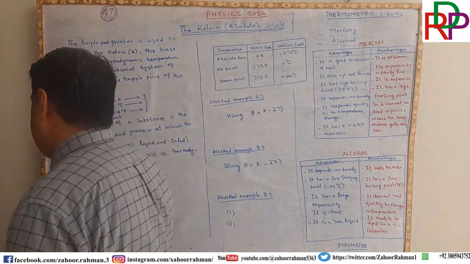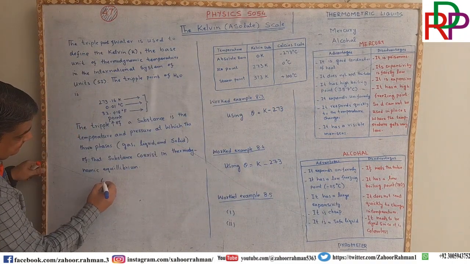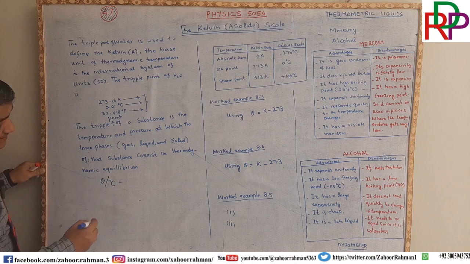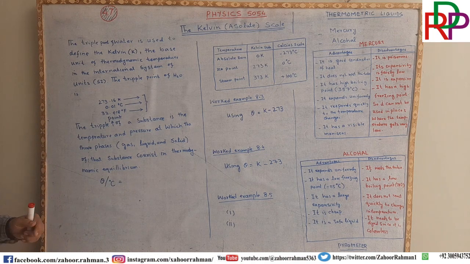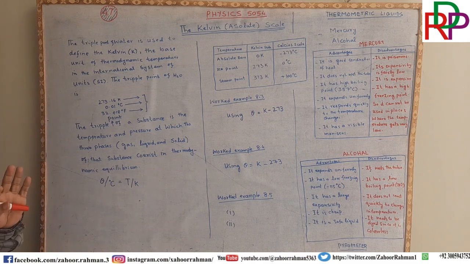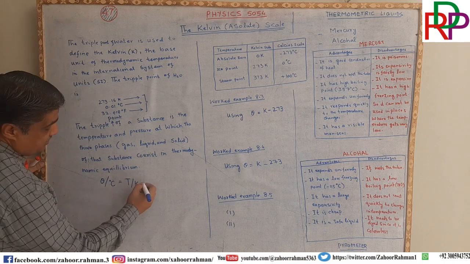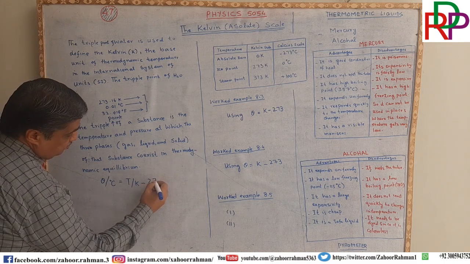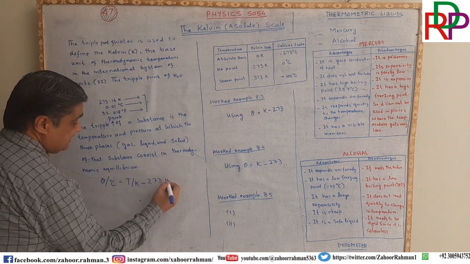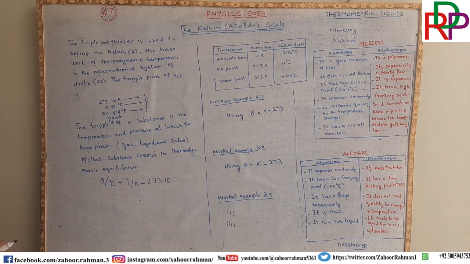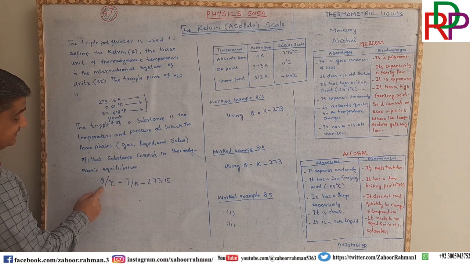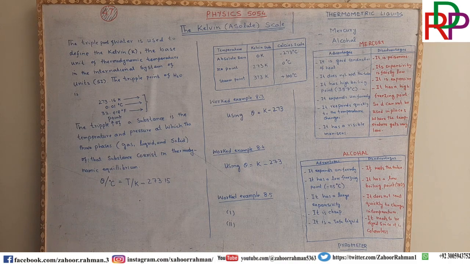So ladies and gentlemen, theta in degrees Celsius is equal to temperature in Kelvin minus 273.15. That is the relation. In this case, you will have to call this a Celsius scale, not centigrade scale.